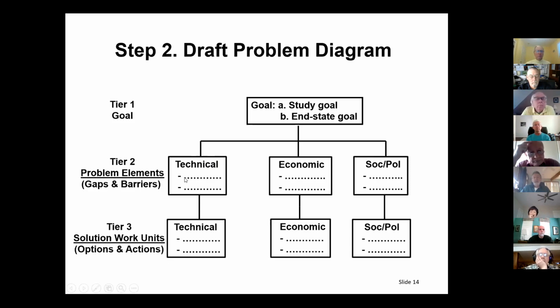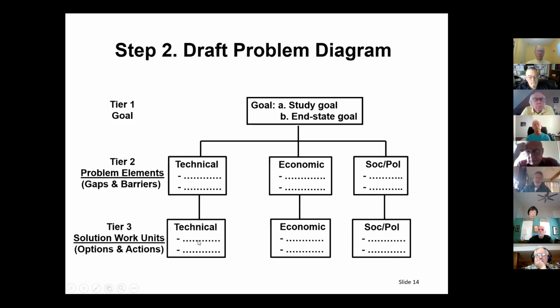Then for each of these problem elements, we try to identify, well, what do we do about that to overcome that particular barrier, whether it's a gap, or some kind of technical impediment that's unique to that problem. What do we do to overcome it? So this is the statement of work in essence, because this is what we're actually going to do as the problem-solving team in order to reach this study goal.